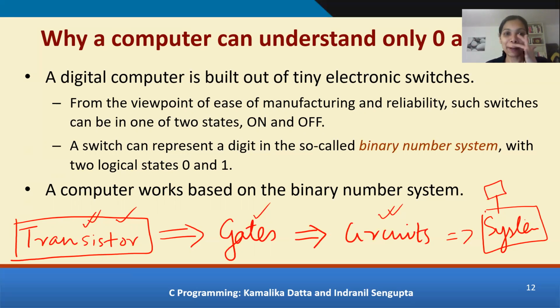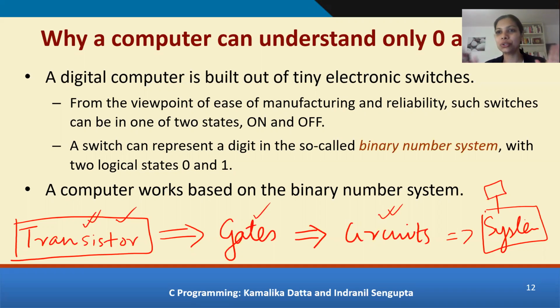From the viewpoint of ease of manufacturing and readability, we say that these switches can be in one of two states: either on or off. This on and off can represent a digit in the so-called binary system with two logic states. That is why when it is on, we say logic 1, and when it is off, it is logic 0.